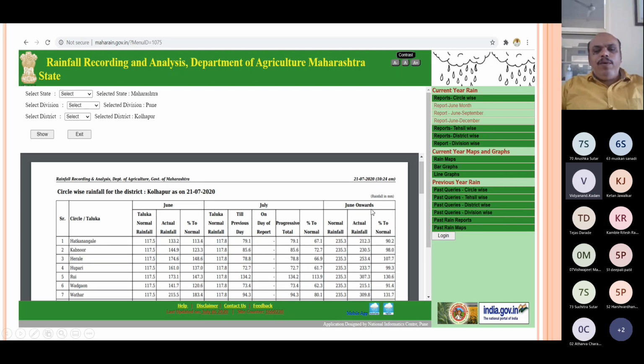From June onwards, the normal rainfall value is 235.3, whereas the actual rainfall is 212.3. So there is less rainfall than the normal value. Just visit this website and see how the rainfall record is available.